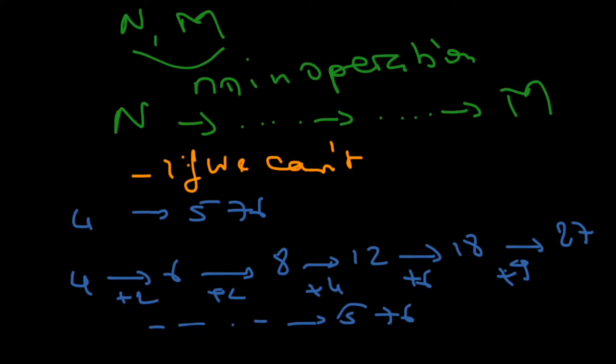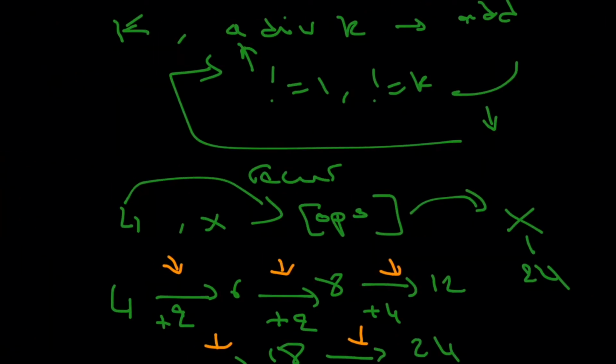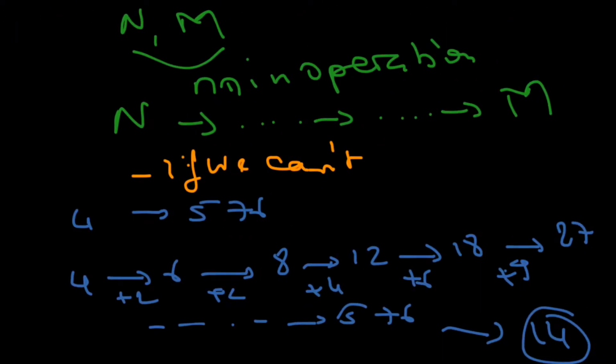The example given in the problem gives a total number of 14 operations. And that's the gist of the problem. Now let's think about how can we solve it.